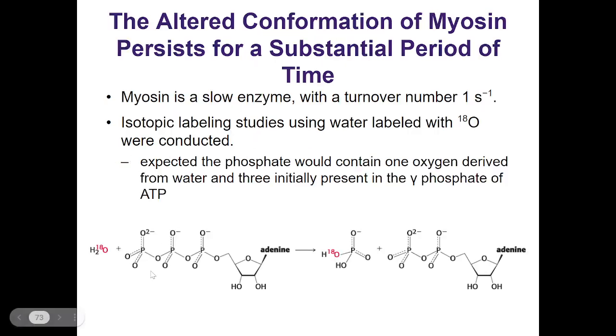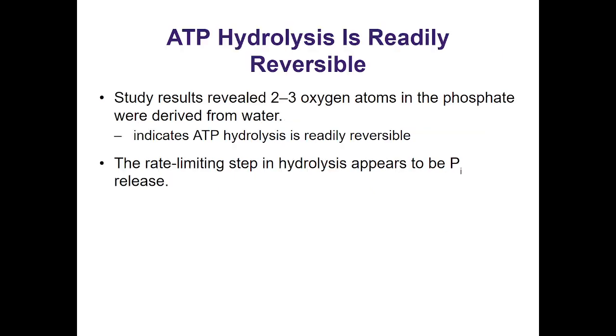When we looked at the results of this study, this is the expectation, okay? That you have a hydrolysis, and that would give you one isotopic O18 labeled phosphate, right? And you'd have one oxygen that had been added to it, right? But that's not what we got. We got 2 to 3 of those oxygen atoms getting replaced on that gamma phosphate, okay?